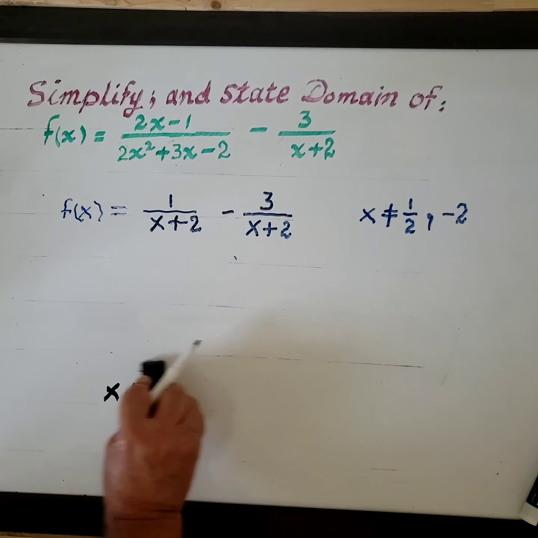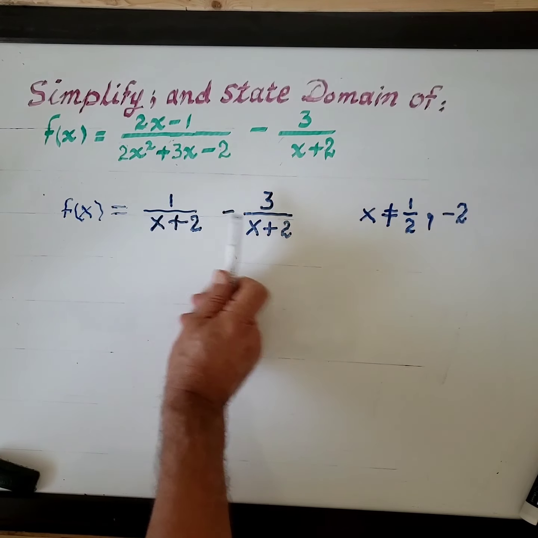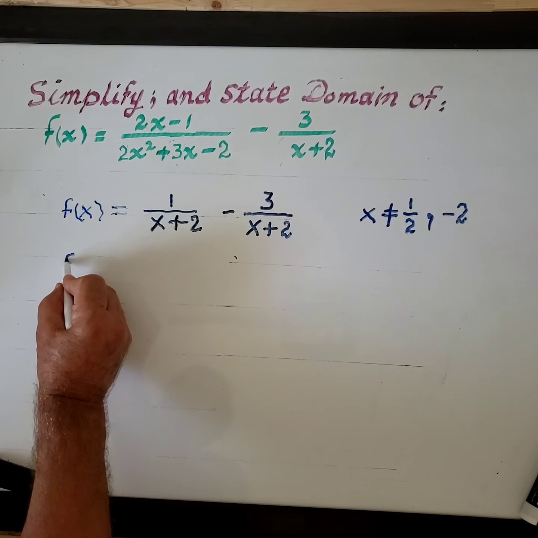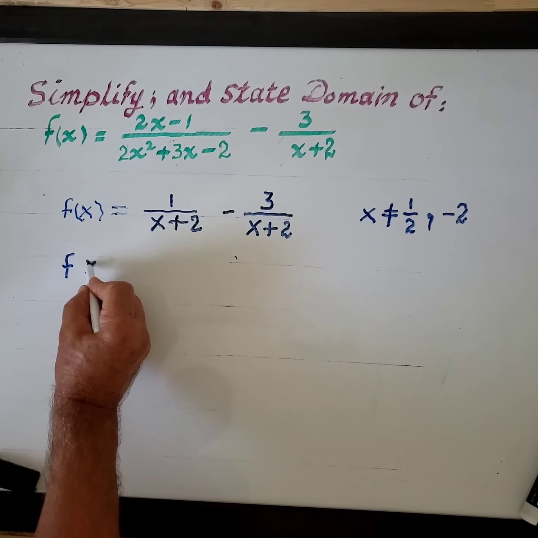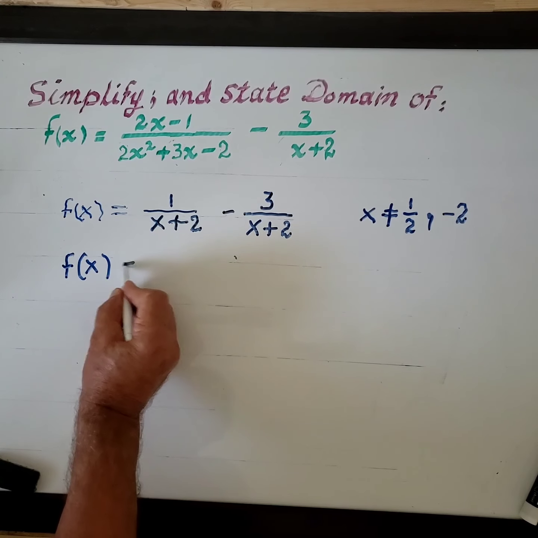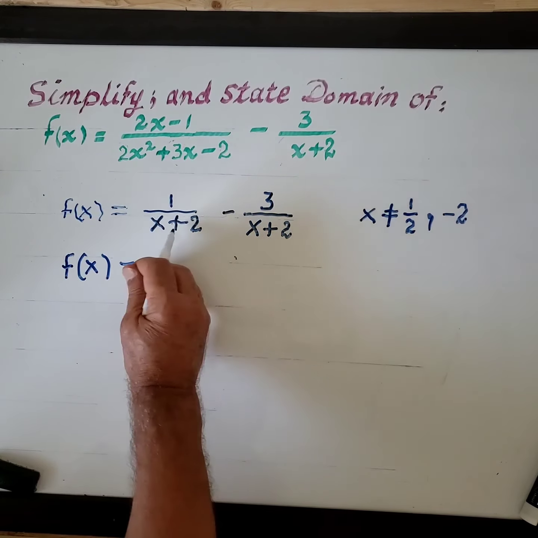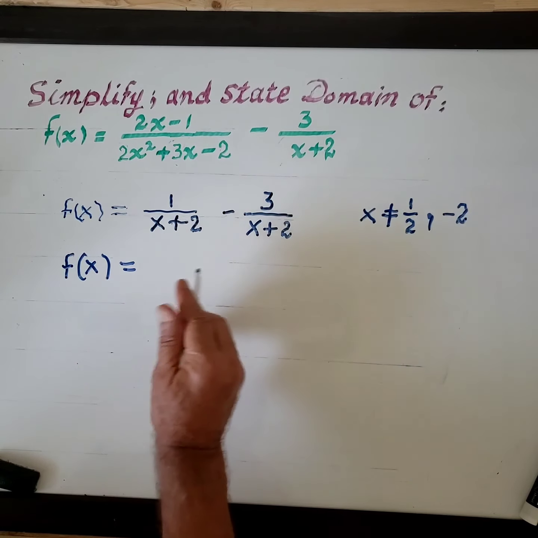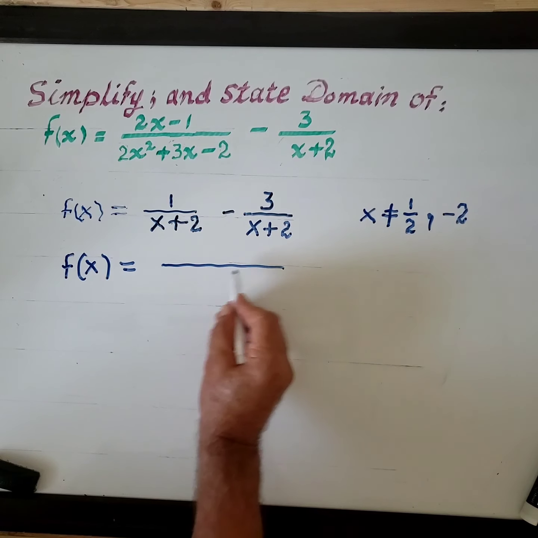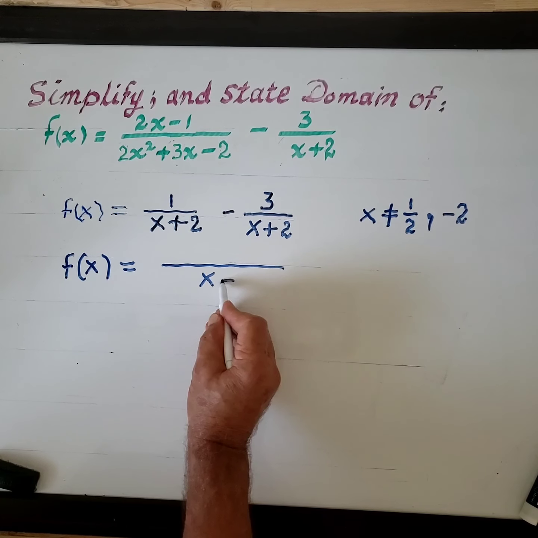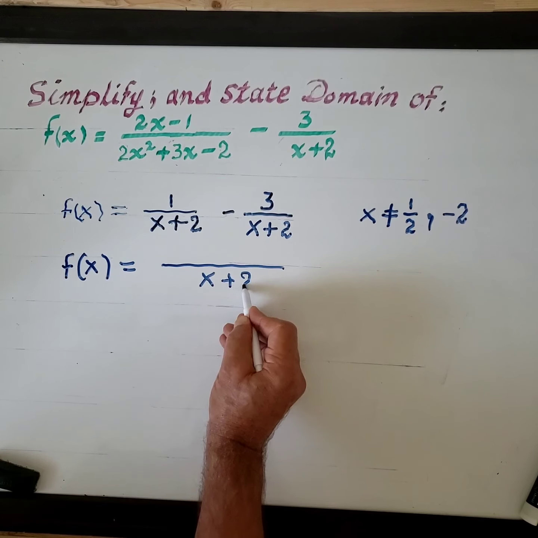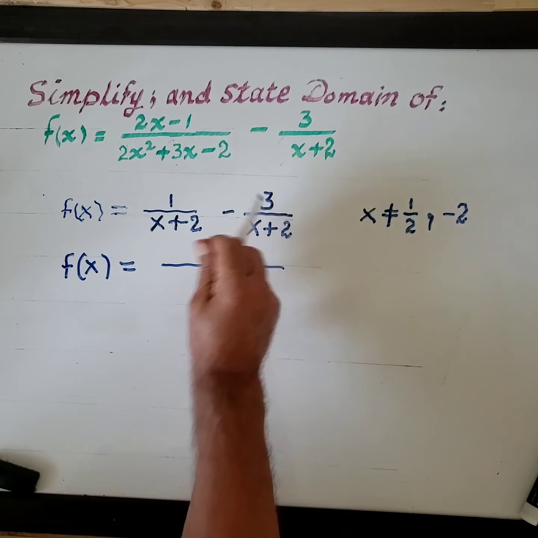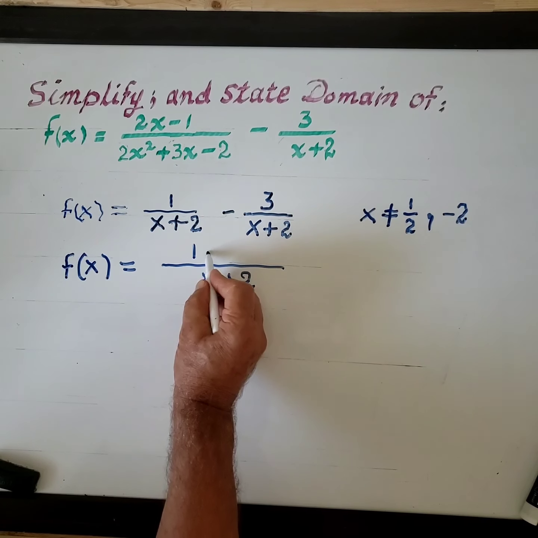Okay, then try to get the result of these two terms together. So f of x is equal to, as we see here, the denominator is the same in both terms, so we will keep one of them, write x plus 2, and subtract from this numerator this numerator, so 1 minus 3.